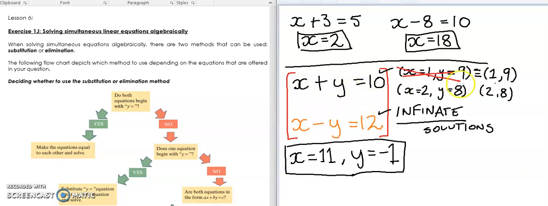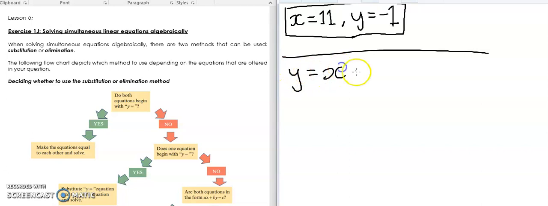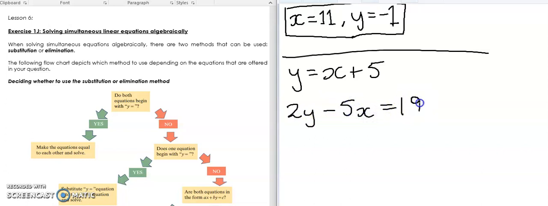Now, this is just a very simple example. You'll get complicated examples where you might have something that looks like this. y is equal to x plus 5. This will be considered as one of your equations. And then another one is 2y take away 5x is equal to 19.